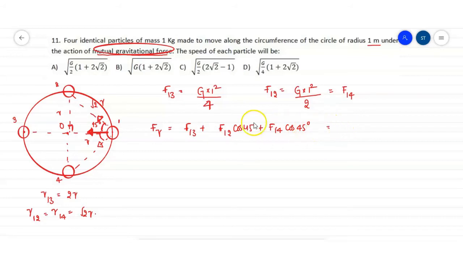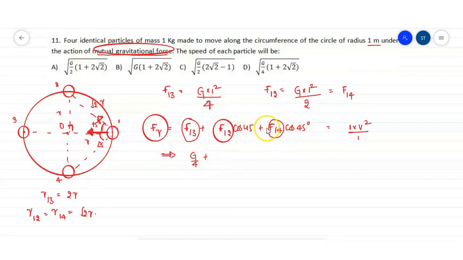And we know that this radial force is nothing but our centripetal force, which will be equal to m v square by r. m is 1, and r is also equal to 1. Now just substitute the values here. F13 we have already calculated, that is G by 4, plus F12 and F14 are the same, as well as cos 45 is also the same.